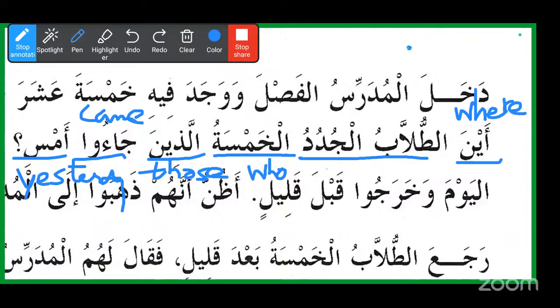At-tullabu, al-jududu is new, al-khamsatu is five. The students, the new, the five, right? The five new students. الذين جاءوا أمس, those who came yesterday.